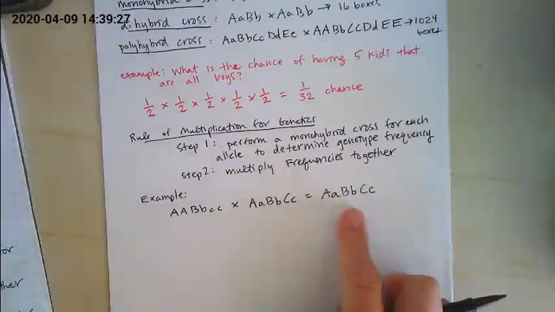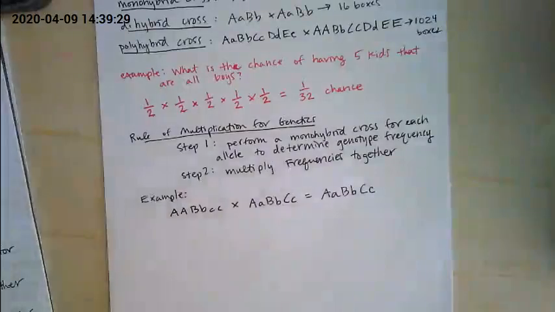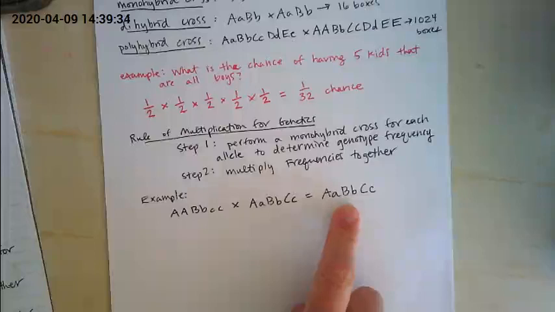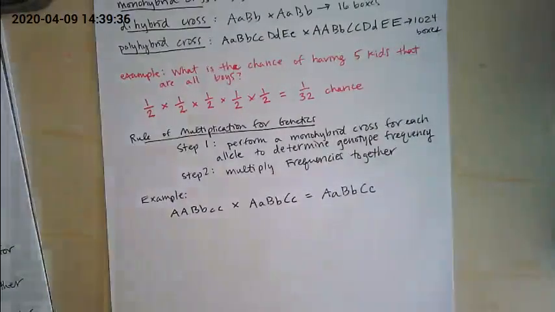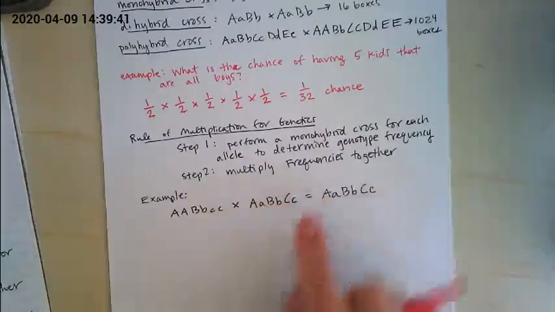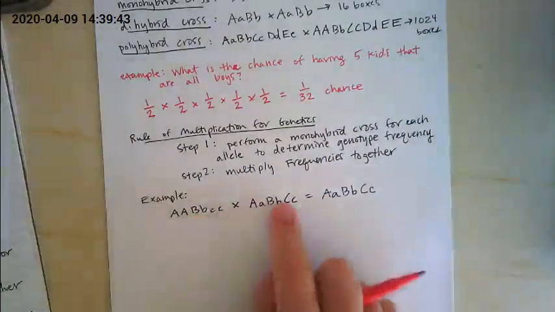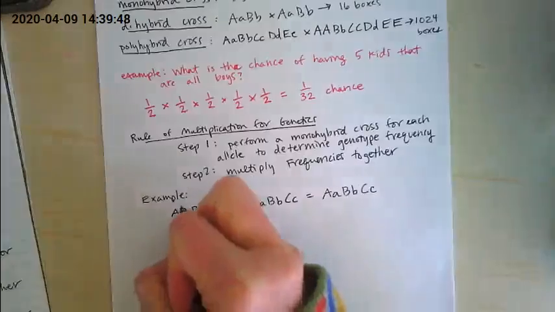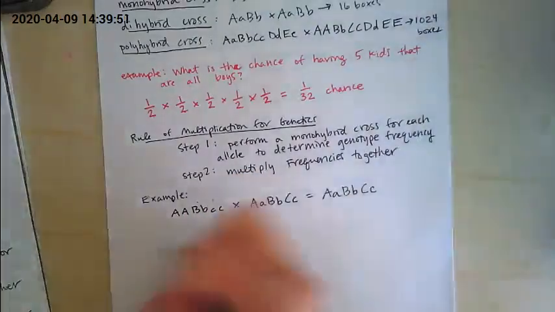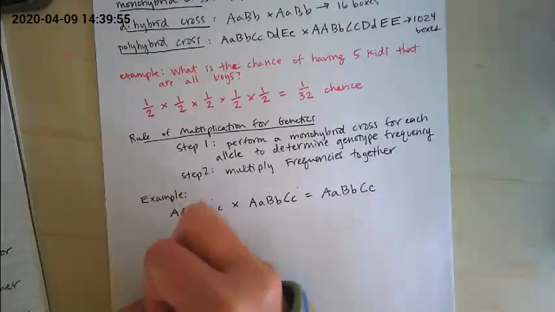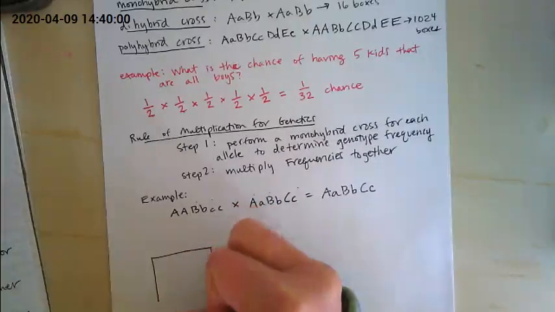This is the problem. We have to figure out the odds of having this offspring. So let's do step 1. Step 1 said perform a monohybrid cross for each allele. So we're going to perform crosses for the A's, the B's, and the C's. In this problem, you can see that we have 3 different alleles, so we're going to do 3 monohybrid crosses.